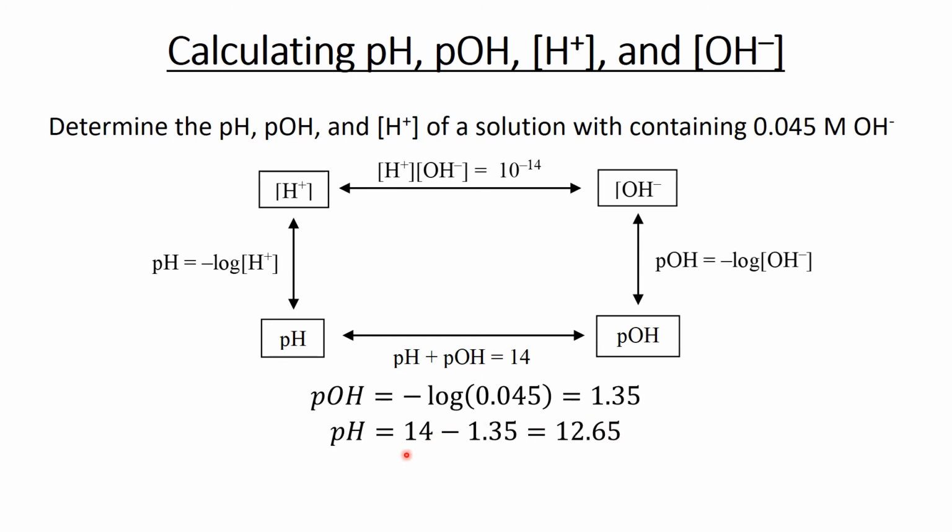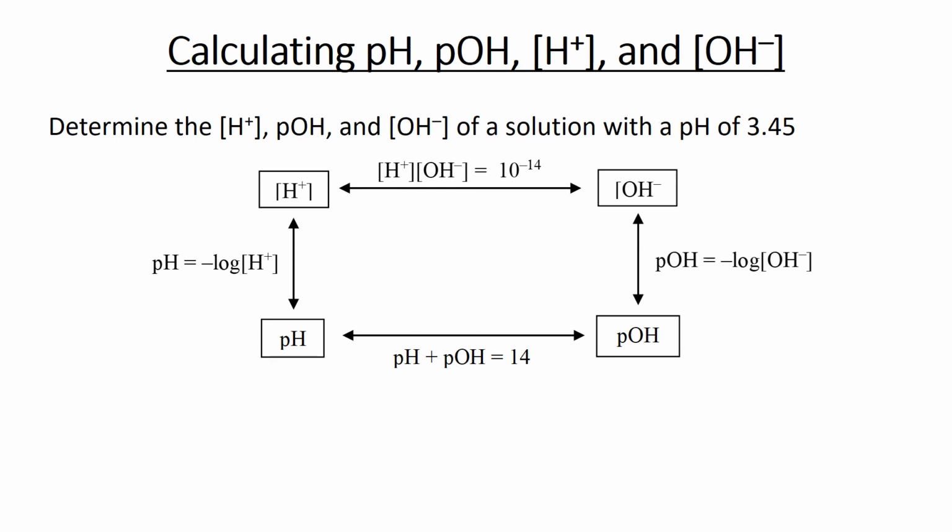The pH is just 14 minus the pOH, which is 12.65, and then my H+ concentration is just 10 to the negative 12.65, which is 2.323 times 10 to the negative 14 molar. So if you notice here, I have the exact same numbers as on my last slide. The H+ and the OH minus concentrations are mirror images of each other. As one goes up, the other goes down. So you're seeing the exact same numbers if I have 0.045 molar OH minus as if I have 0.045 molar H+. They're mirror images of each other.